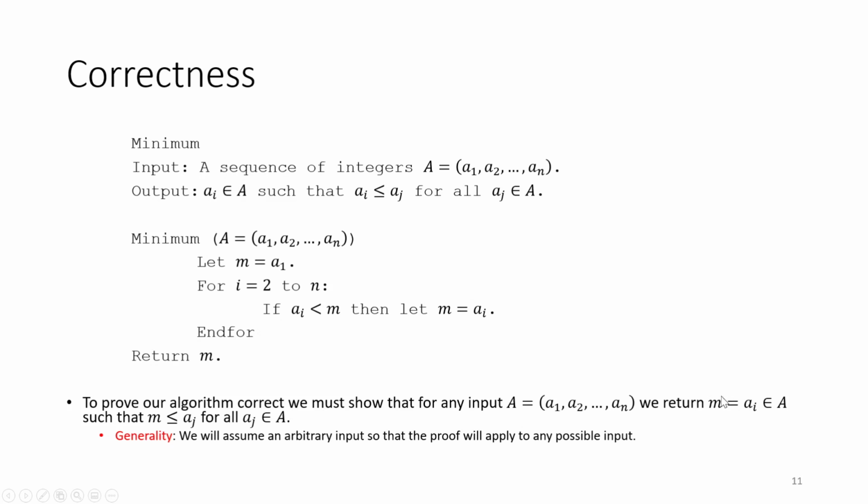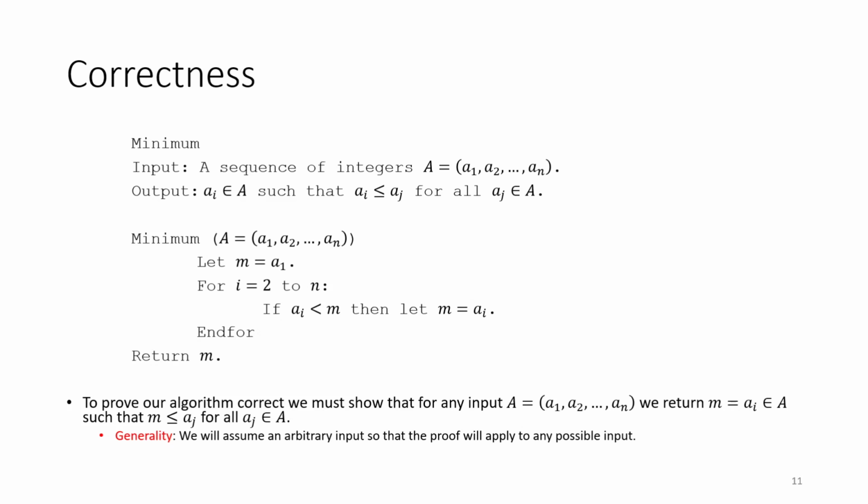So here I'm saying M has to be some AI that's in A, and the rest of this is just really copying down the output condition such that M is less than or equal to AJ, for all the other AJs in our list, in our sequence.